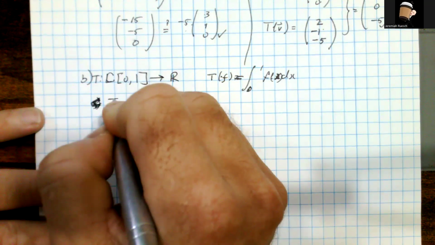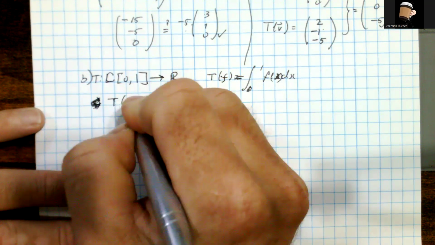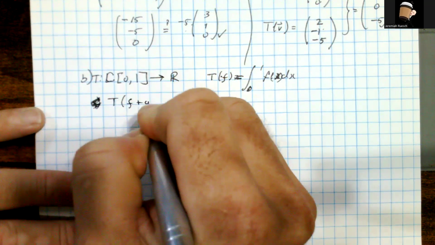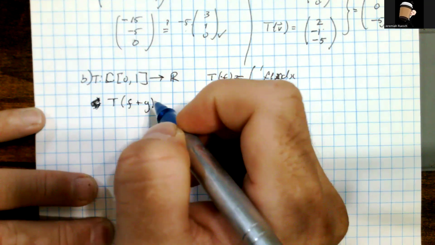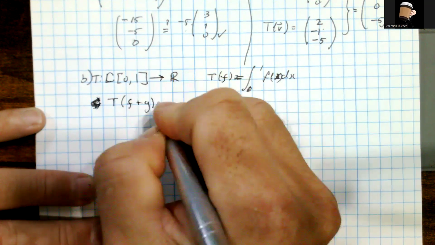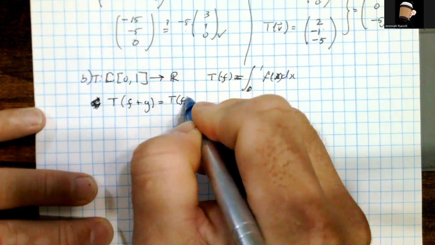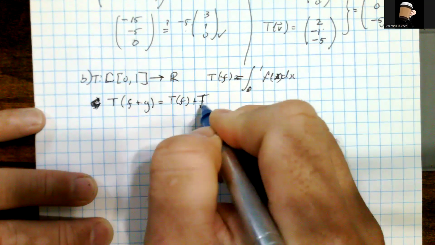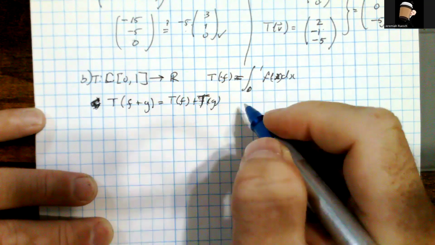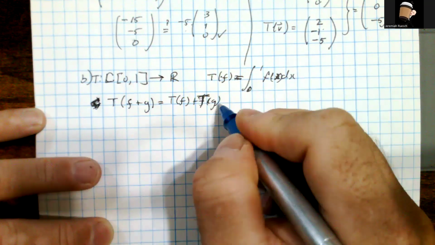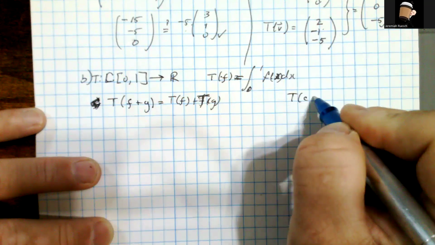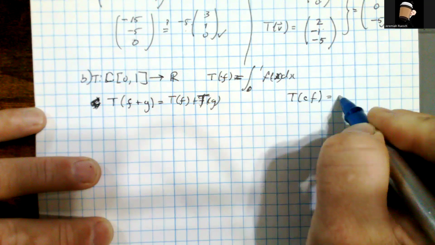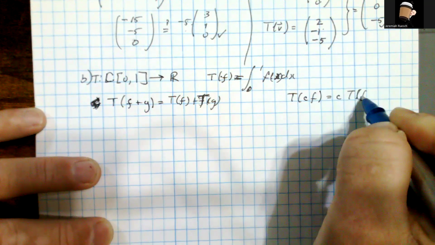Let's see if the transformation of f plus g is equal to the transformation of f plus the transformation of g. And then also the transformation of cf is equal to c times the transformation of f.